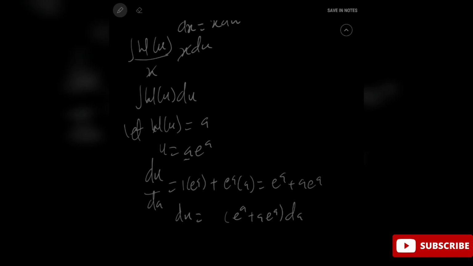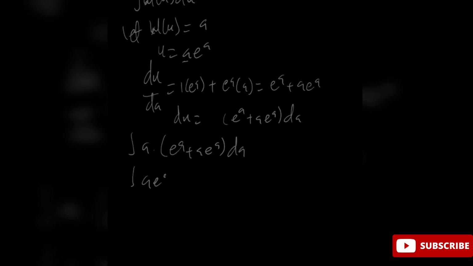Alright, so W of u is now a, then du is now e power a plus a e power a da. So expanding this bracket, we get a e power a plus a squared e power a da.